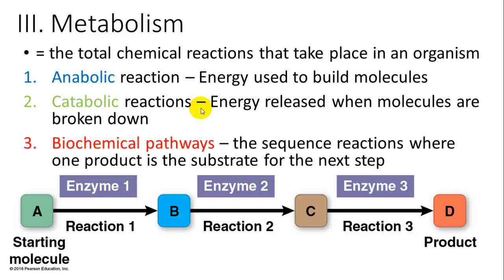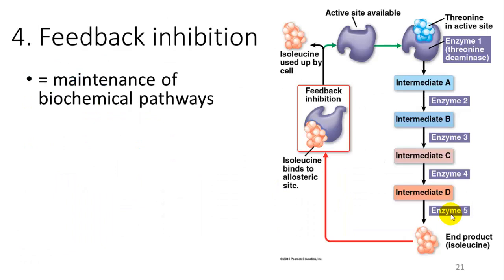Biochemical pathways then, such as the one down here, involve many different reactions, with each product being the substrate in the next step, until you get a final product. Now, this final product also may be important for the regulation of its own production, and that may be done through a process called feedback inhibition. We don't want these biochemical pathways to just be constantly going without any regulation, and so one of the ways is through the product.